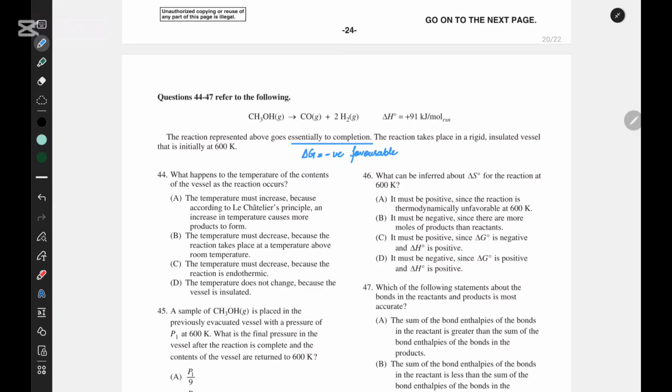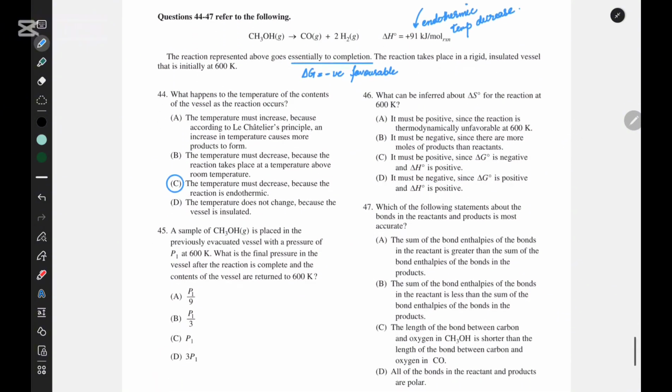What happens to the temperature of the contents of the vessel as the reaction occurs? As it is endothermic, definitely the temperature decreases. So the right answer is going to be option C, because the temperature must decrease since the reaction is endothermic.